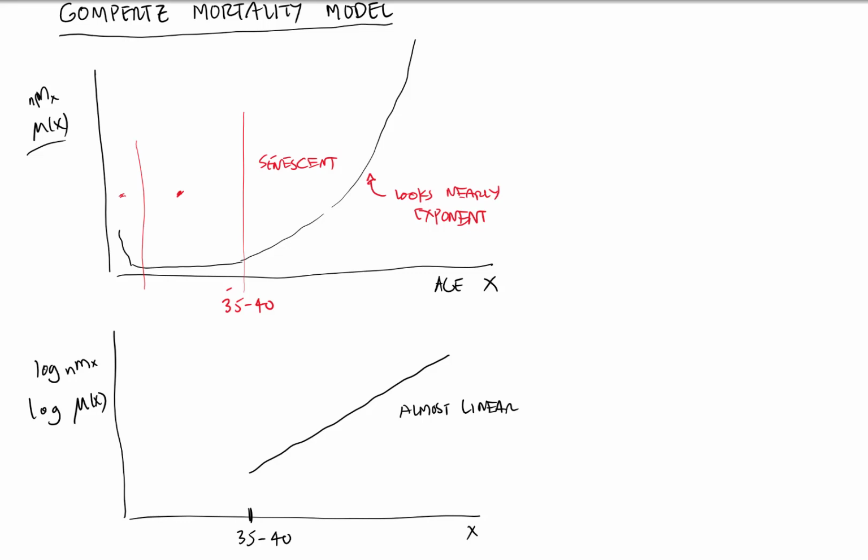And this is true today. This is true almost up to maybe age 85 or 90-ish. So between this 35-ish to 40 and maybe 85 to 90, the log of the nmx is almost linear.